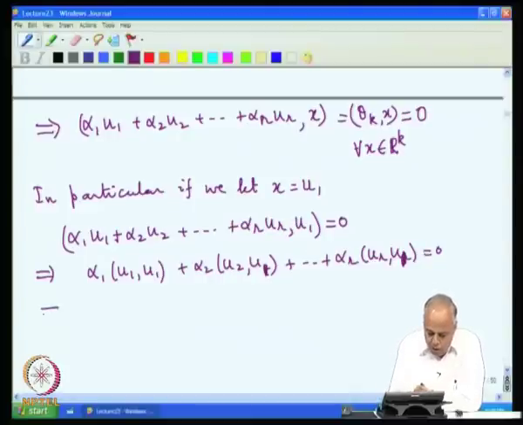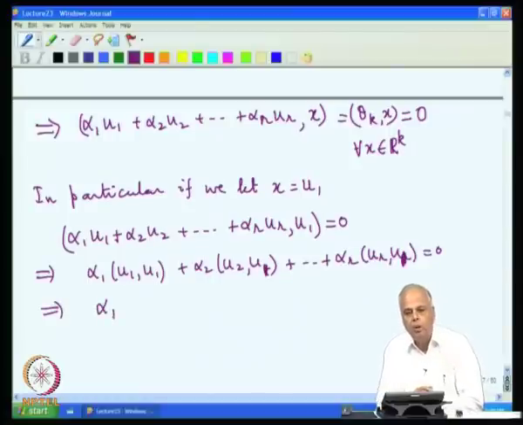Now, in alpha1 <u1, u1>, the inner product <u1, u1> is 1. Why is it 1? Because we are given that u1, u2, ..., ur is an orthonormal set. In an orthonormal set every vector has length 1, and u1 is a member of that set, and hence it must have length 1. Therefore, <u1, u1> is 1.